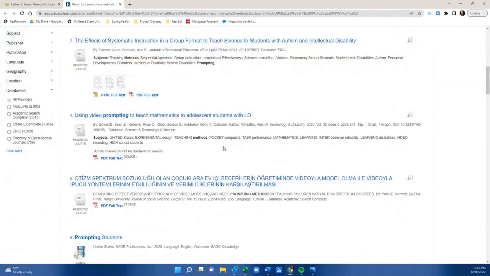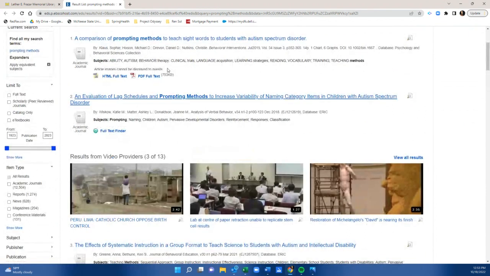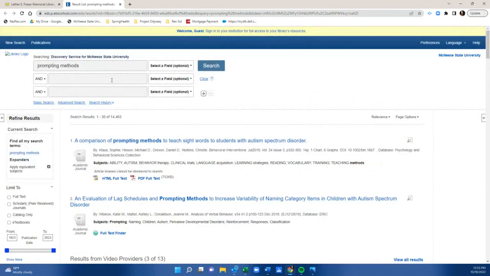It should shoot out all relevant articles based on those keywords or that criteria. Again, if it's available, you should be able to pull the PDF or the HTML full text page.